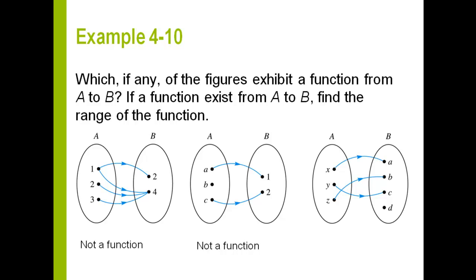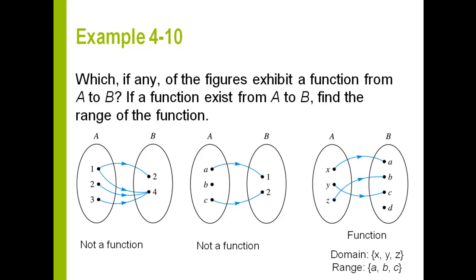Now the second one, the middle one here, it's a little bit tricky, but it's not considered a function either because for a function to exist, each input has to be designated to an output. And here you have the letter B, it hasn't been designated to an output. So that rules it out as being a function.